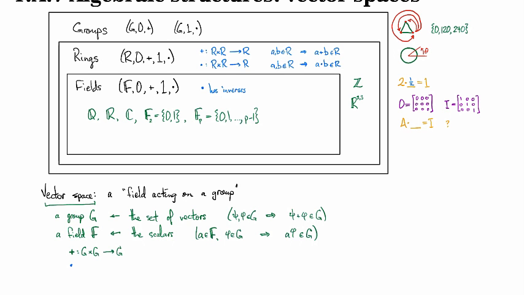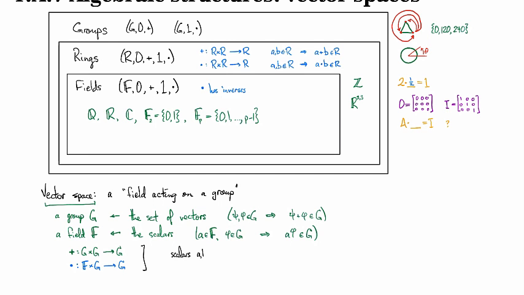Then we've got a multiplication operation that takes a scalar and a group element, and it spits out a group element.